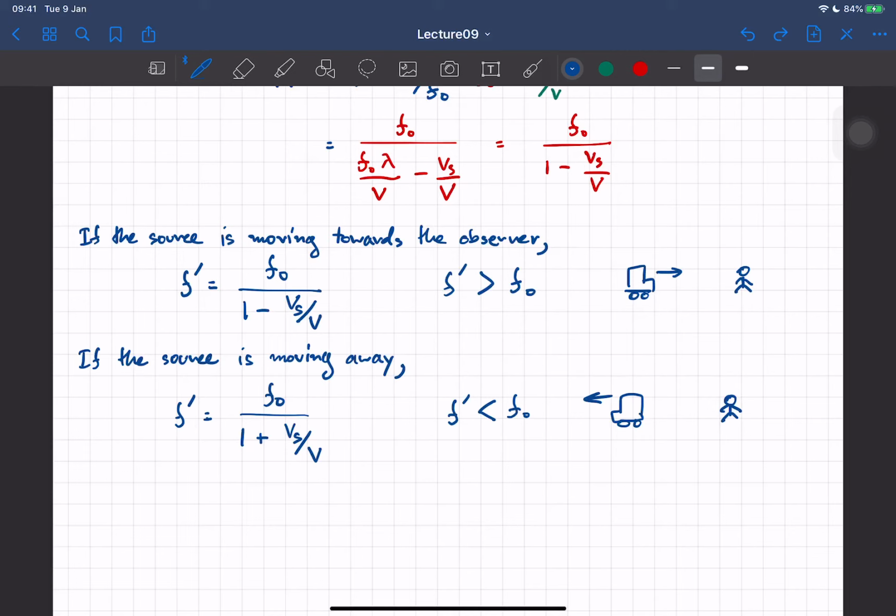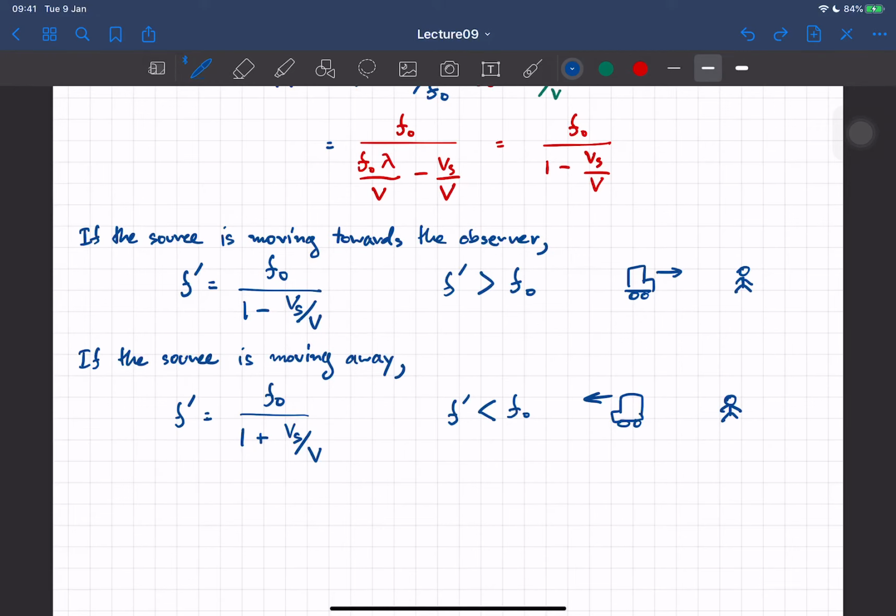One thing I would suggest is that if you don't remember whether the sign should be positive or negative here, just think about what it should be in terms of the frequency. Hopefully you can trust your personal experience that if it's moving towards you, the pitch should be higher, the frequency should be higher, so you need to divide by something lower. So it has to be a minus sign in that case.